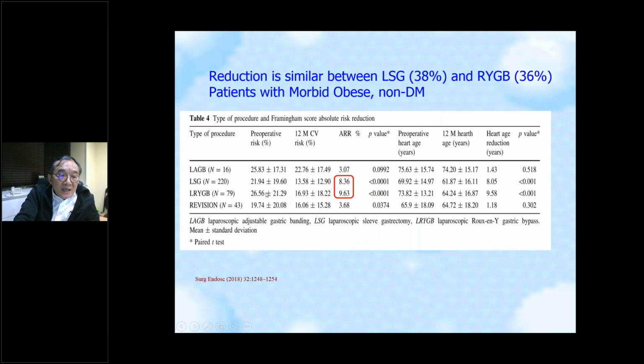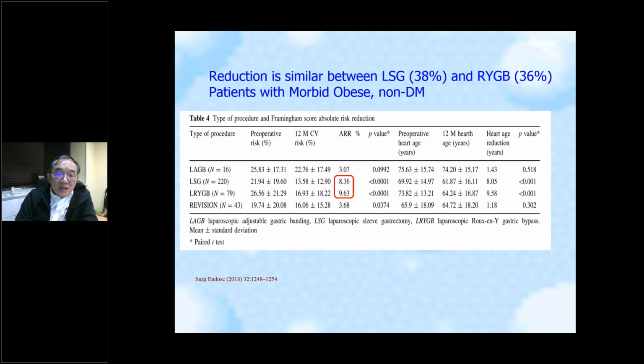And if you analyze the subgroups of different procedures, the absolute reduction is more significant in gastric bypass or sleeve, better than the adjustable gastric band. The reduction in sleeve and gastric bypass is quite similar between these two procedures.